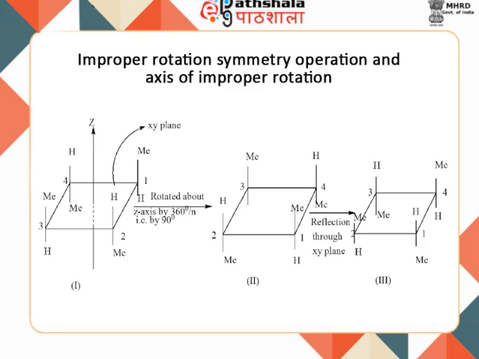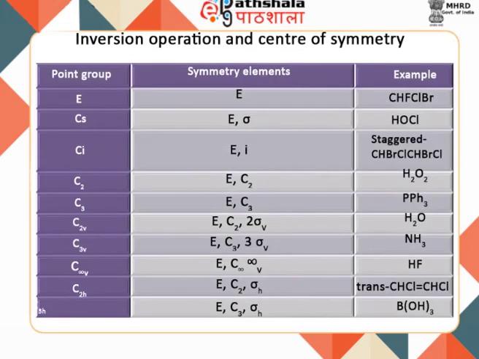Let us illustrate it taking the following example. In this example, the z-axis is the S4 axis of improper rotation because 1 and 2 are equivalent orientations. Now we will study the symmetry groups that are involved in various molecules.